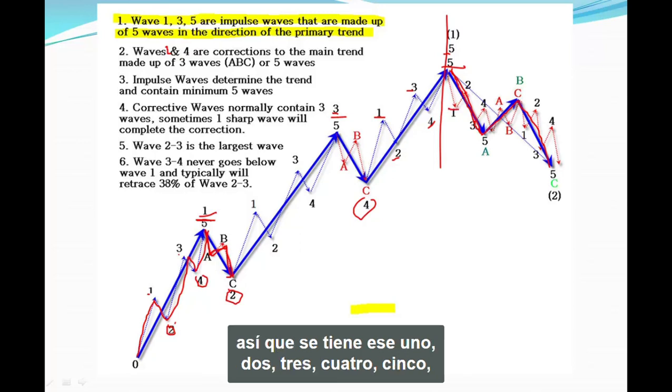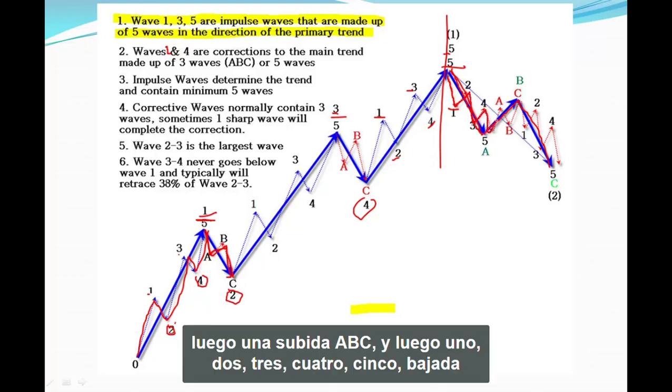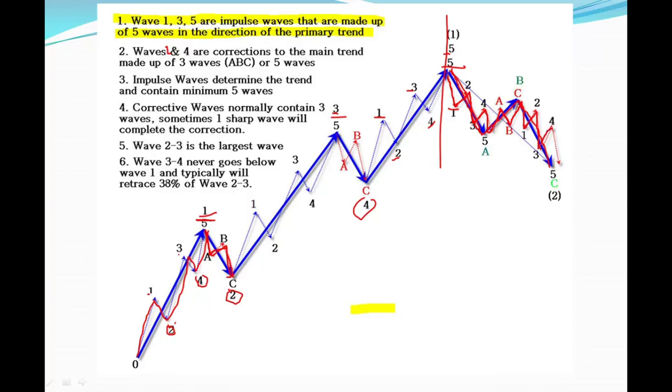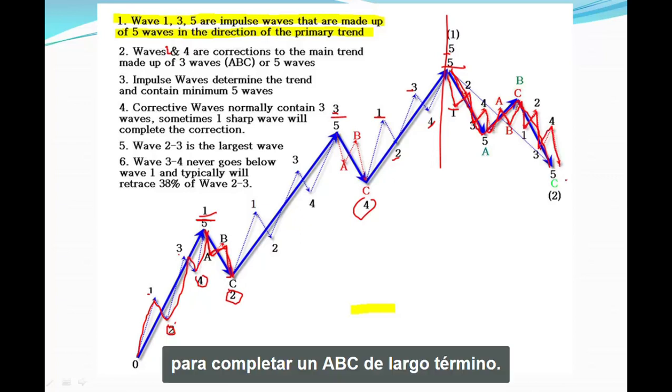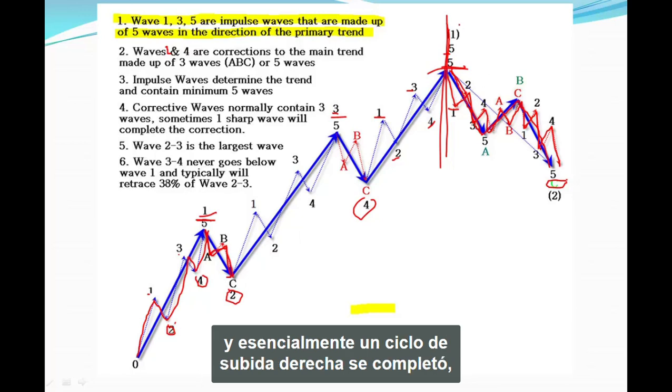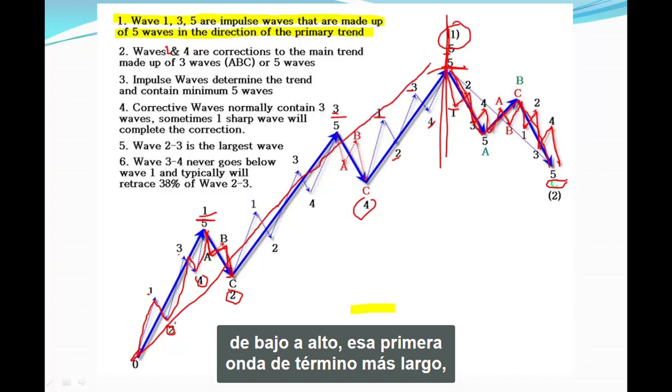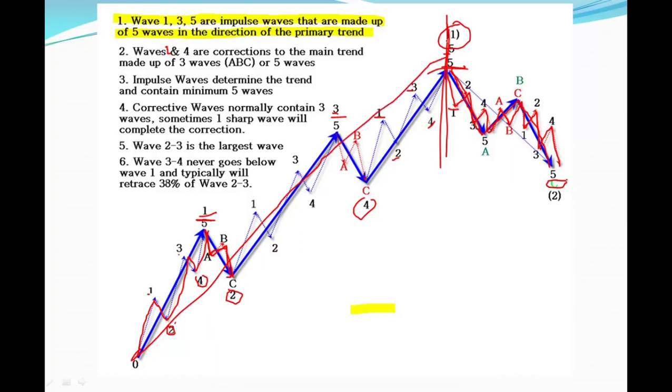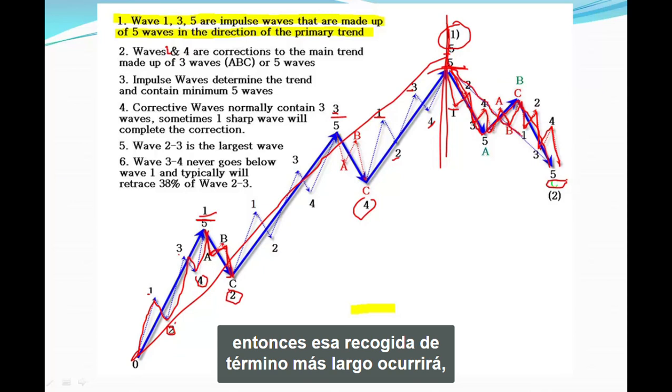So you have that 1, 2, 3, 4, 5, then an A, B, C up, and then 1, 2, 3, 4, 5 down to complete the larger term ABC. So when the market finishes going up and it's completed its fifth wave going up, and also the shorter term has completed its fifth, and essentially it's completed one cycle straight up from low to high, that first larger term wave, then the larger term pullback would occur.